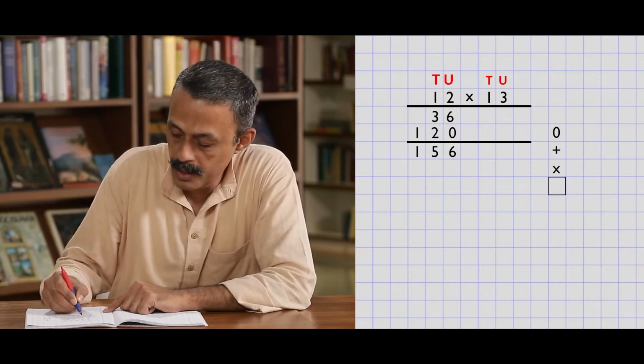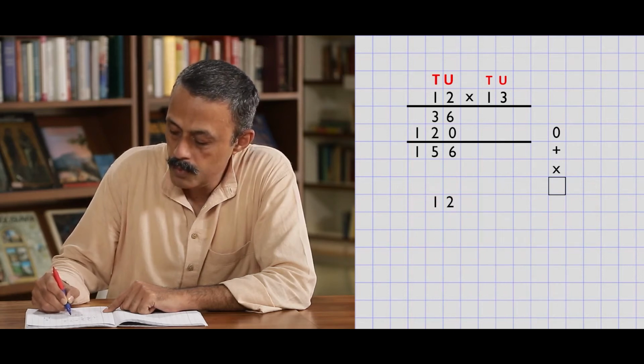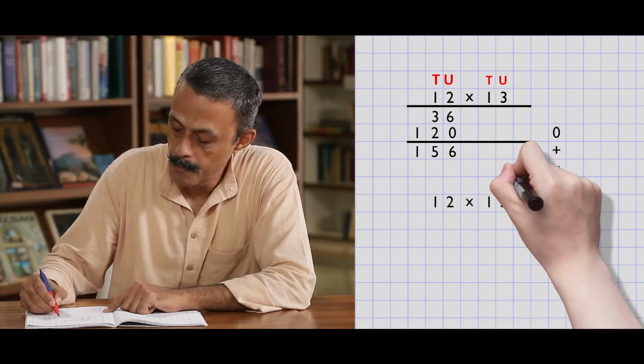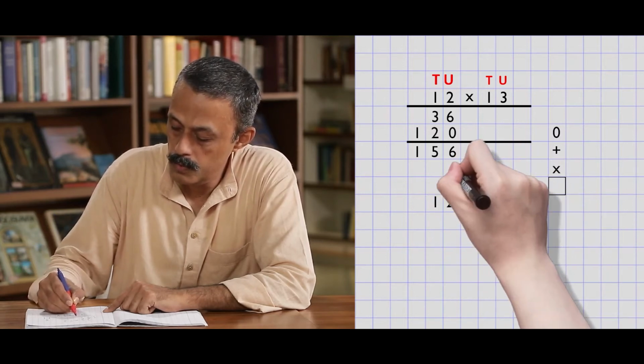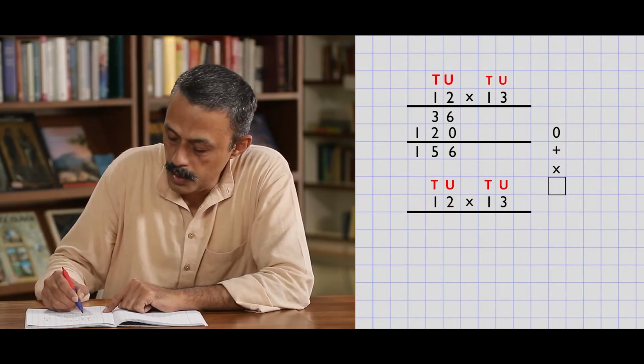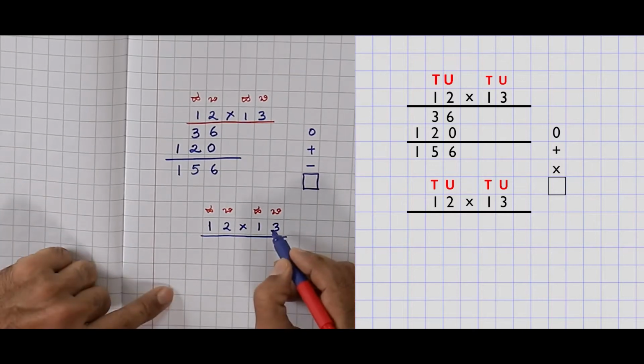I'll write it down. 12 into 13, units, tens, units, tens. Now we have to do it according to the place value. 3 2s are 6.